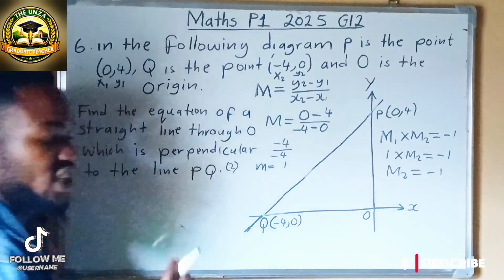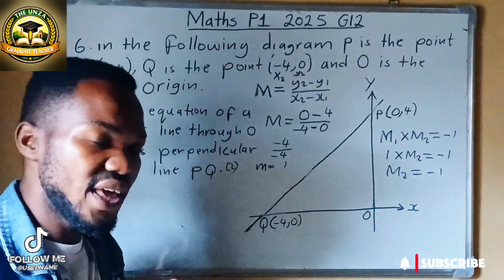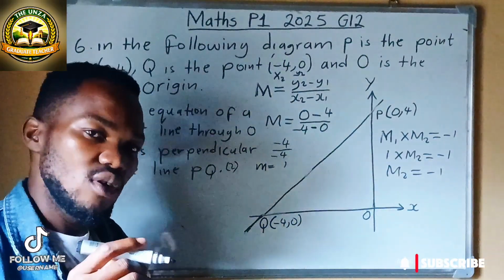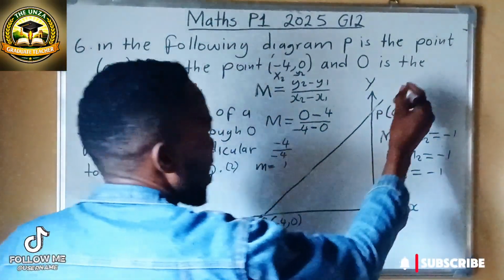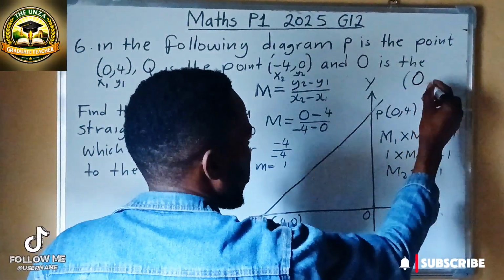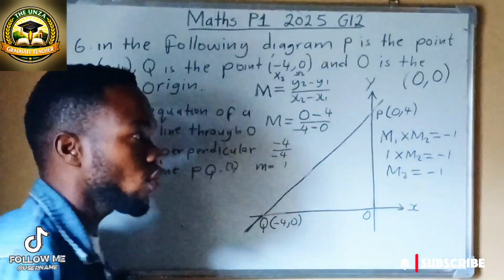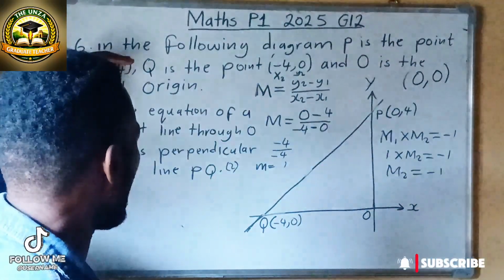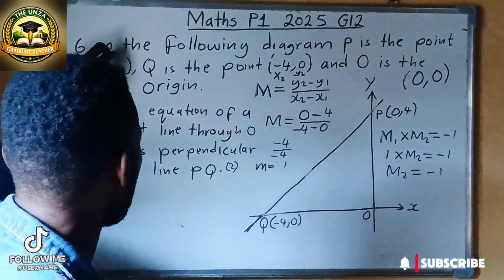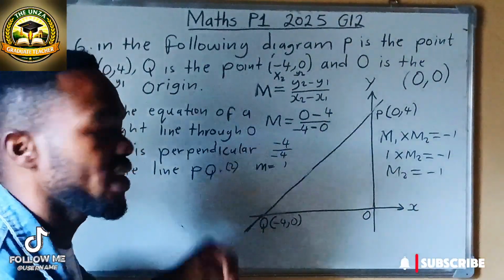For the origin, as long as it is passing through the origin, the coordinate for x is 0 and the coordinate for y is 0. Even if you choose one of the points, this one or this one, you put it in the equation, you still find the answer.